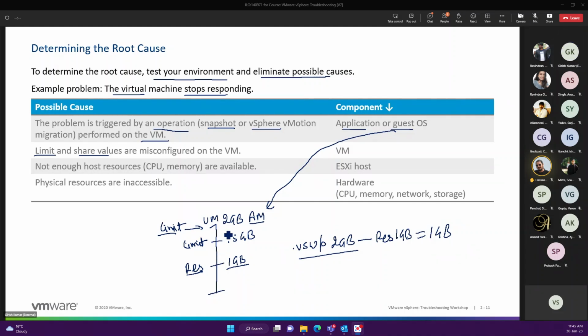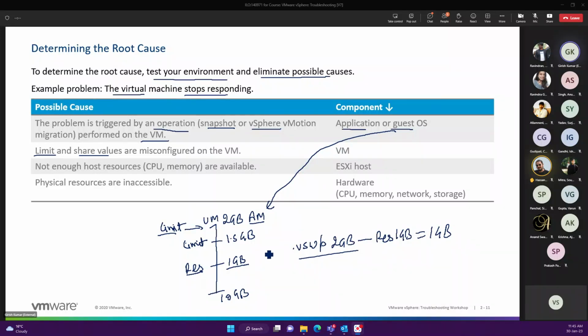But when this VM is demanding 2 GB, the hypervisor at that time might have 10 GB free RAM available. Even so, the VM cannot use more than 1.5 GB of ESXi physical RAM, because we put the limit. 1.5 GB is the maximum you can consume from the physical RAM. So the remaining amount must be used from other sources, swap, compression.